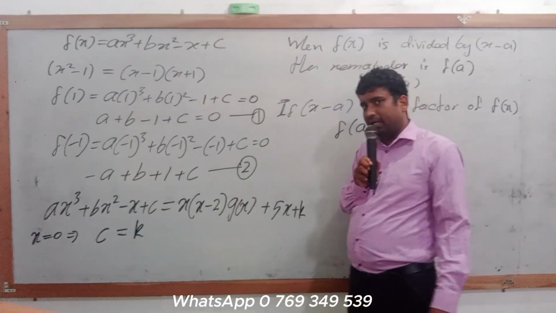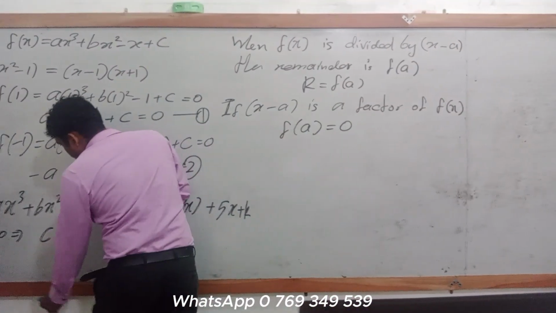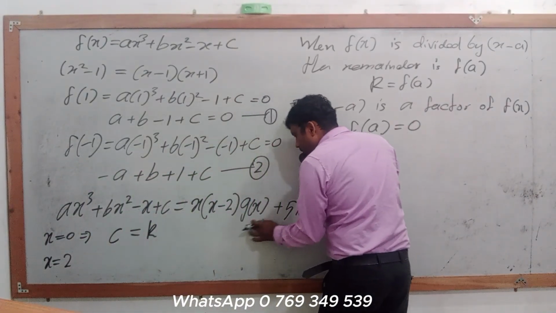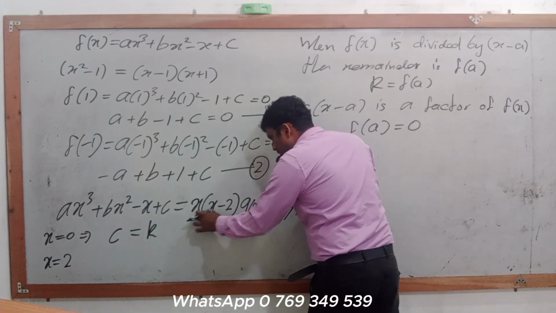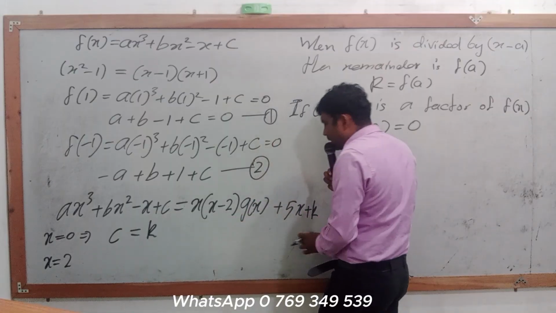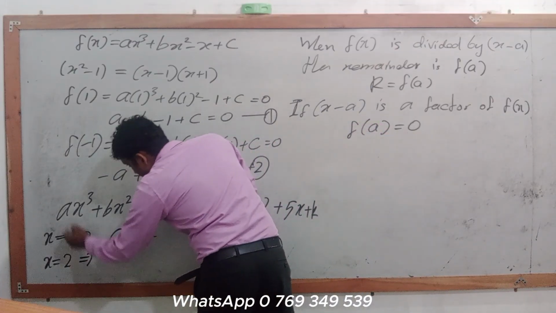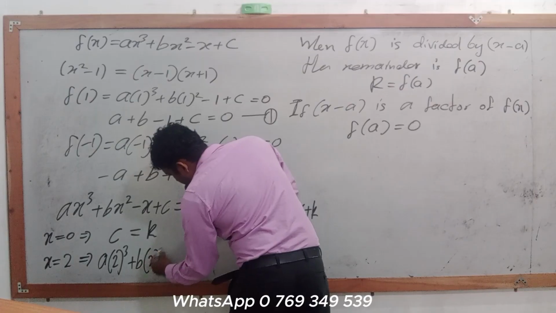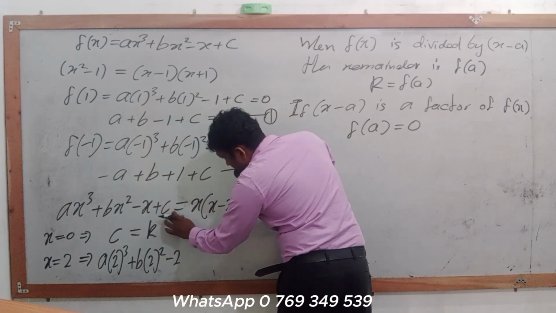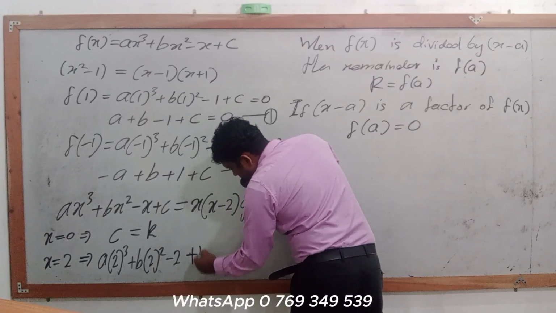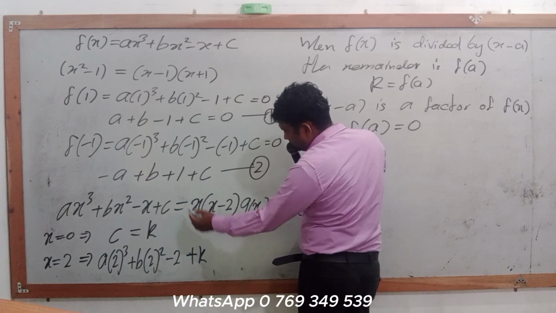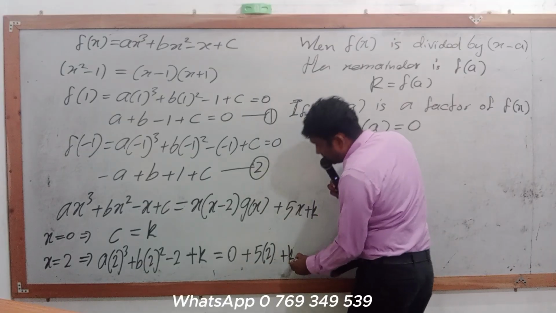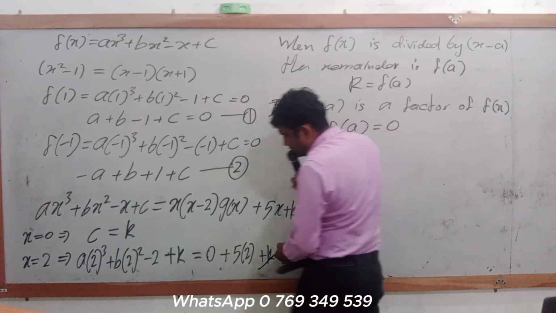For x equals 2, the factor x minus 2 is 0, so we don't need g(x). Then a times 2 cube plus b times 2 square minus 2 plus c equals 5 times 2 plus k. We can cancel k.